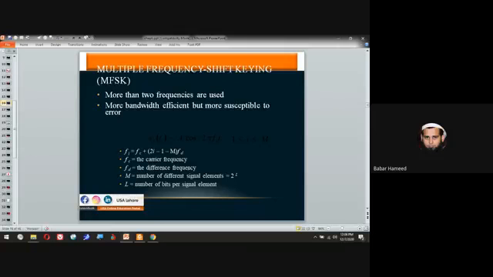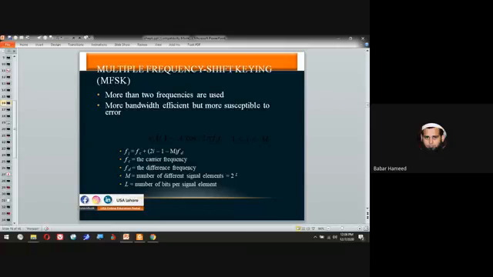Thus one signal element, which is a constant frequency tone, encodes L bits. The total bandwidth required is 2 M f_d. Total bandwidth here is f_d times M. Again a confusion: f_d is the difference frequency.